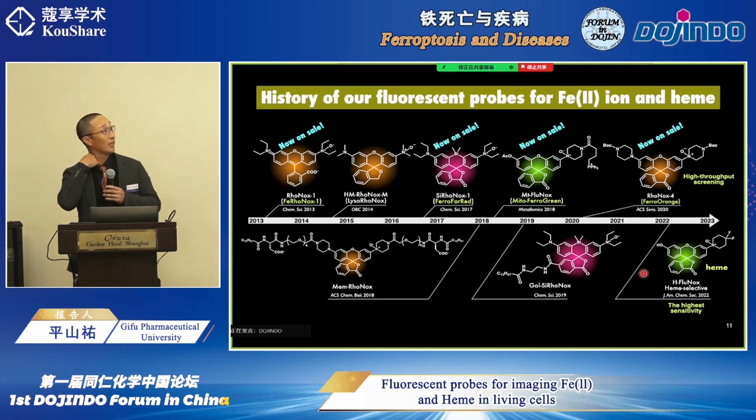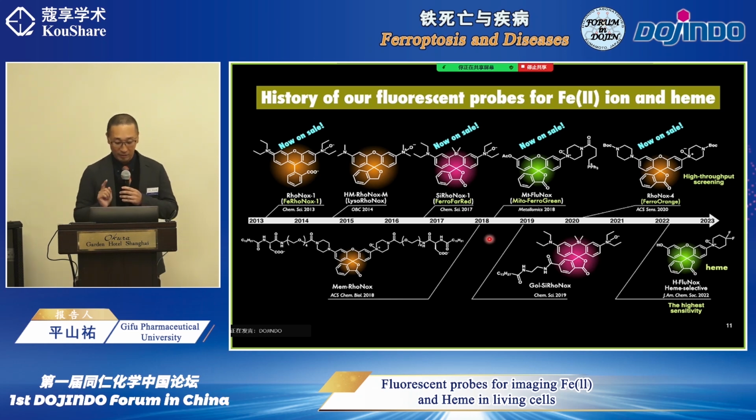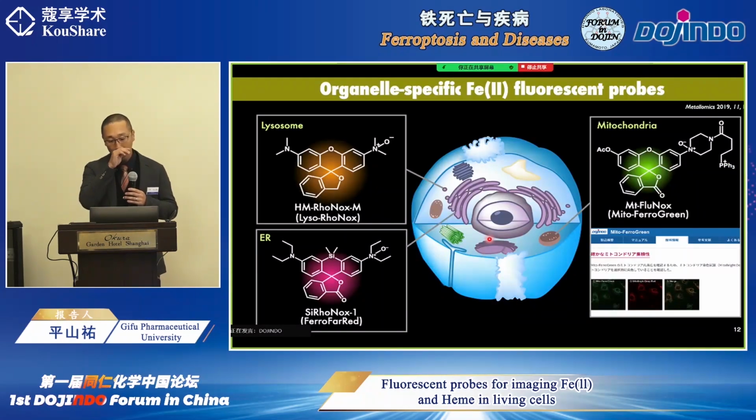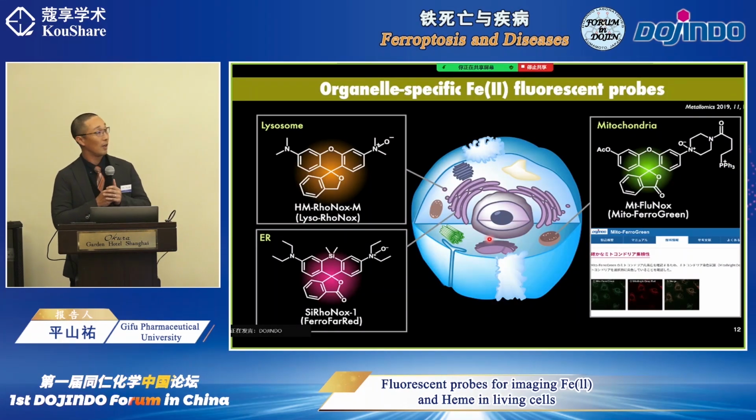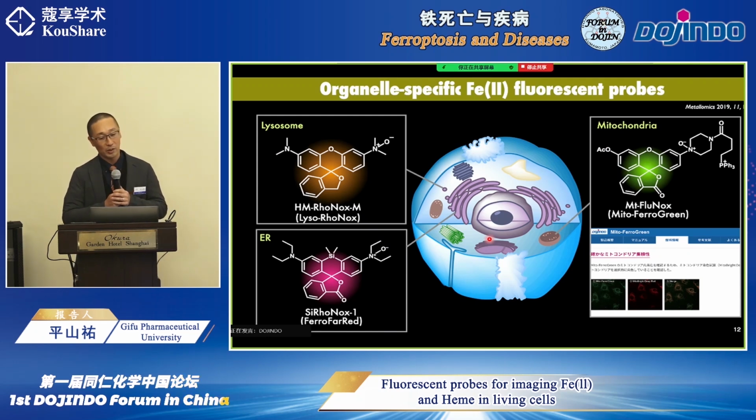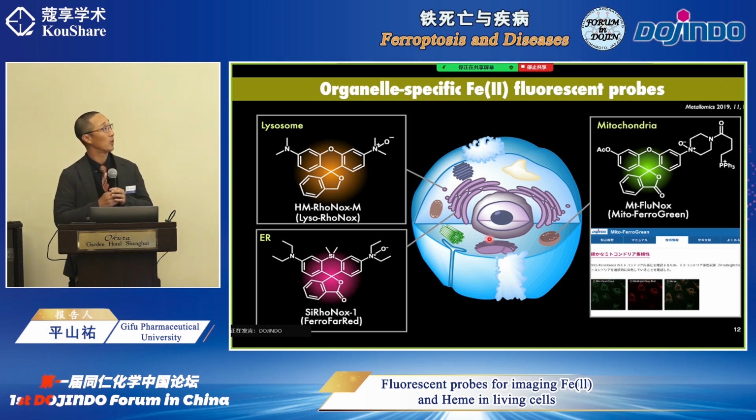And here shows a history and the list of the probes we published so far. And I would like to talk about some examples using some of these fluorescent probes regarding the ferroptosis study. The first one is multicolor imaging application of Fe2+ imaging using organelle-specific fluorescent probes.